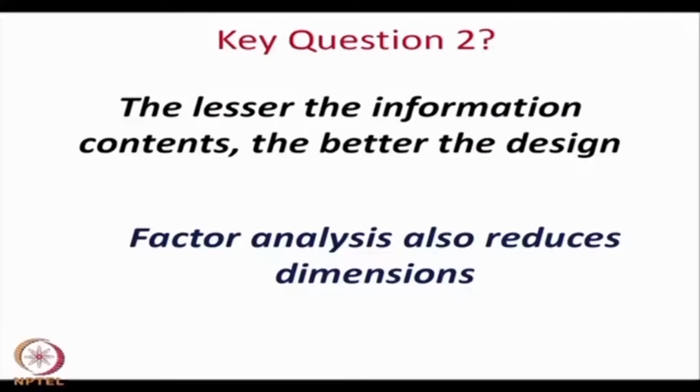The same thing will happen here. So, that is why we are saying, the lesser the information content, the better is the design. That means we want one inference system or one decision support system where our information will be in reduced dimensions. So, factor analysis also performs this.